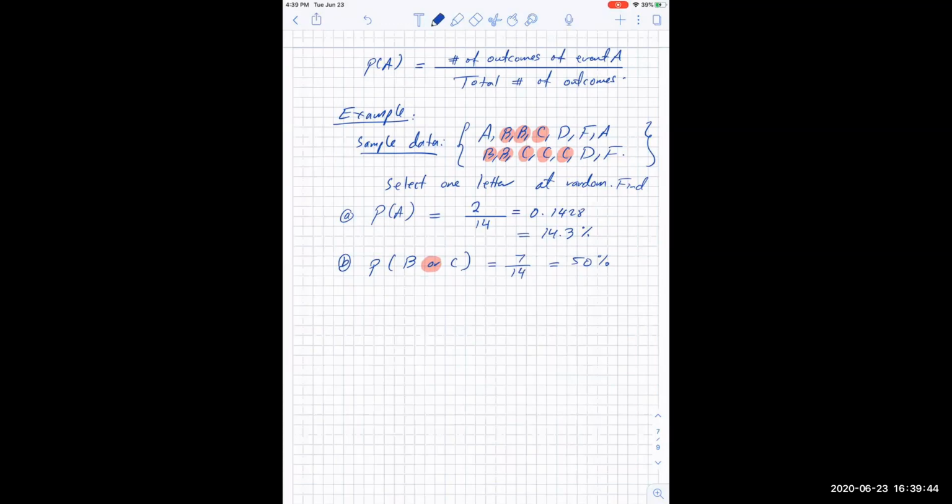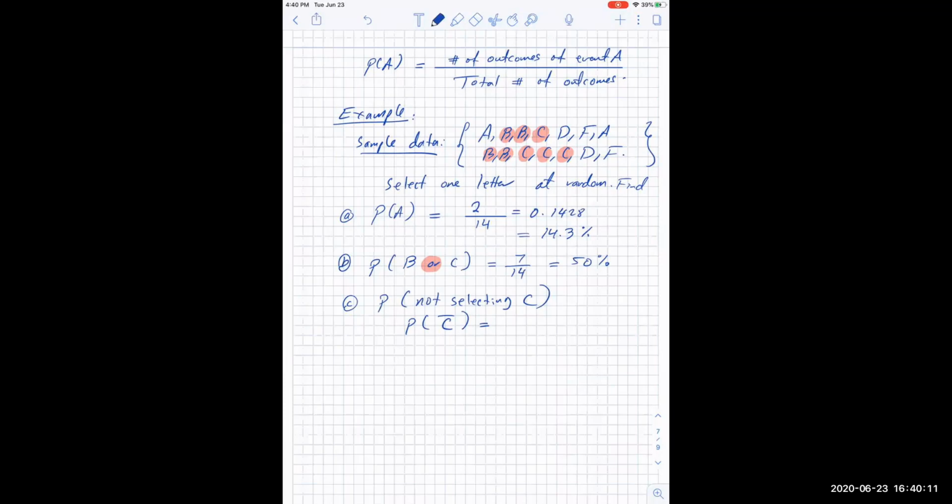Okay, 50%. What is the probability of not selecting a C? Or in other words, in simple notation, C bar. What is the probability that the letter I selected is not C?